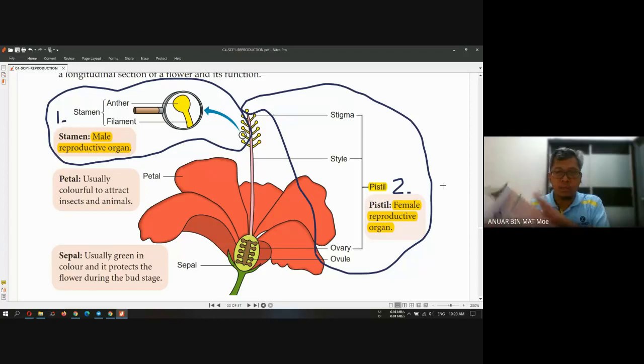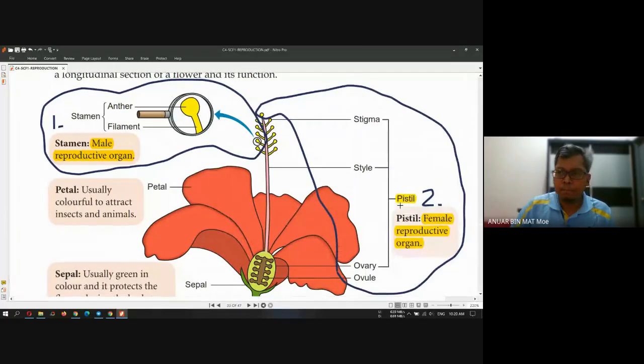Yes. Okay, make sure you understand the reproductive organs in plants, in both male and female. All right, so we take a look one by one. We look at the male side of the reproductive organ. It only consists of two parts.